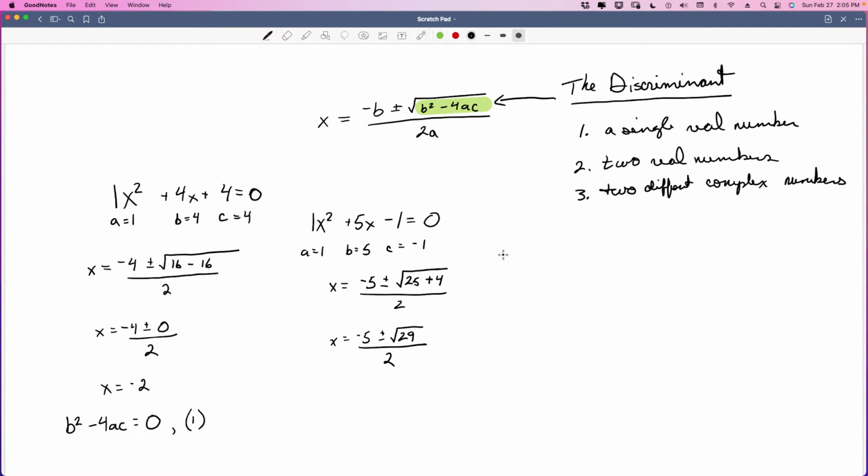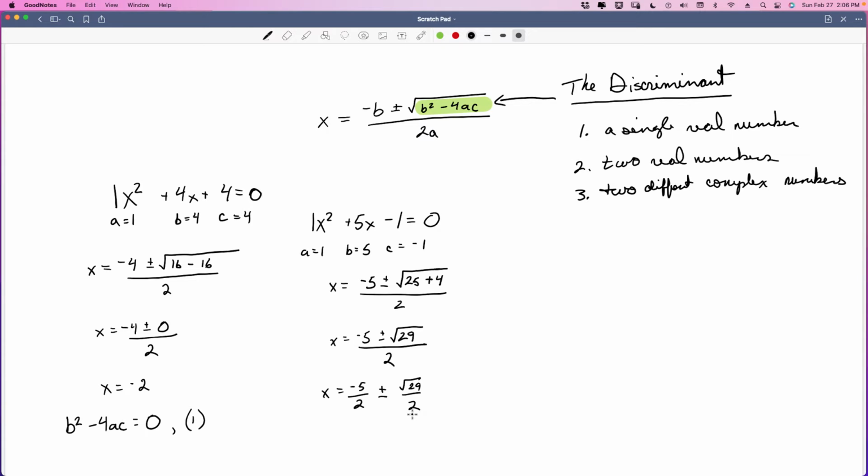So we would split that and say x is equal to negative 5 over 2 plus or minus the square root of 29 over 2. So when b squared minus 4ac is a positive number, there are two real number solutions. Okay, we have whatever this value is plus this, whatever this value is minus this.